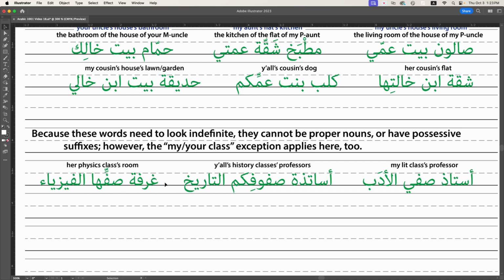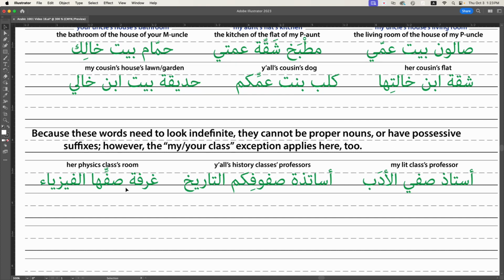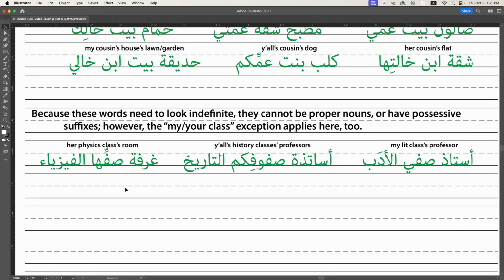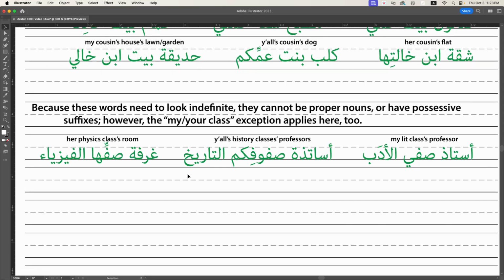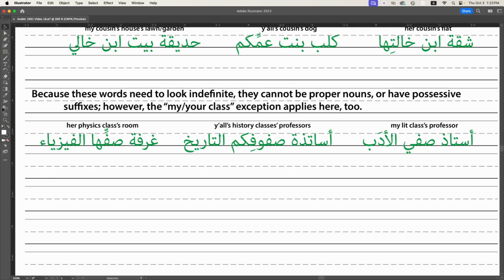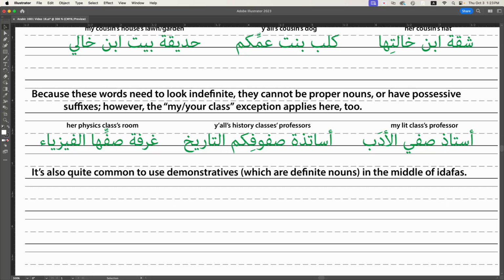So the room of her class, the physics, gives us her physics class's room. This is quite common, so you should get used to it, especially with the way someone is related to you and then their name, or the class somebody is taking and what kind of class it is. Technically breaking a rule, but so common as to be completely widespread and valid in the modern language.